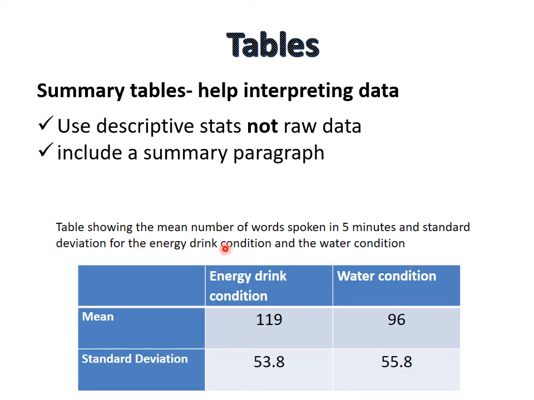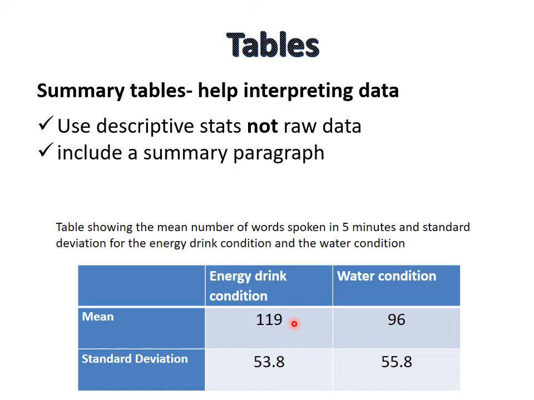the table is about an experiment showing the mean number of words spoken in 5 minutes when consuming an energy drink or water. And you can see on average the group managed 96 words in 5 minutes with water and 119 with the energy drink.